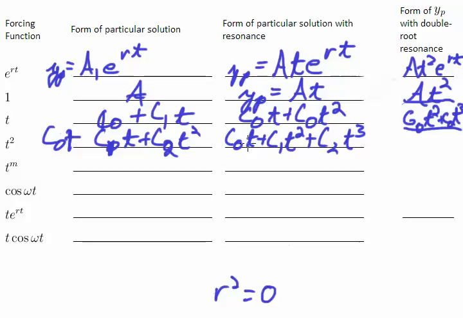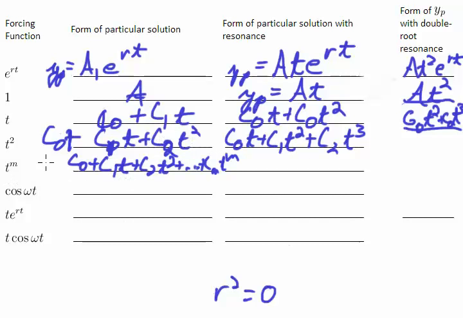And this one you would just multiply by t again. For t to the m, you can't really fill this one all the way out, but it'll go c sub naught plus c sub 1 t plus c sub 2 t squared plus dot dot dot plus c sub m t to the m, and just multiply by t on each one of those.